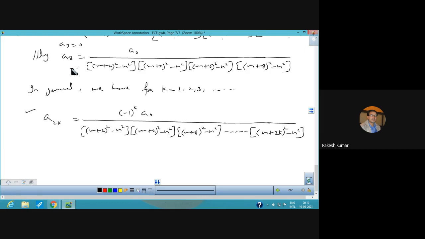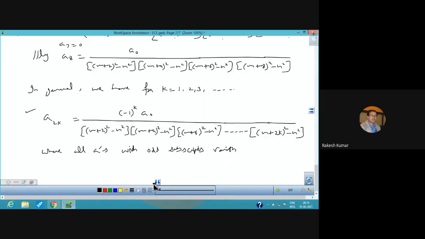So this is the general value of the constant where all a with odd subscript vanish. सारे के सारे जो a हैं odd subscript के साथ, odd का मतलब है 1, 3, vanish, it is 0, so that is why we are writing this.